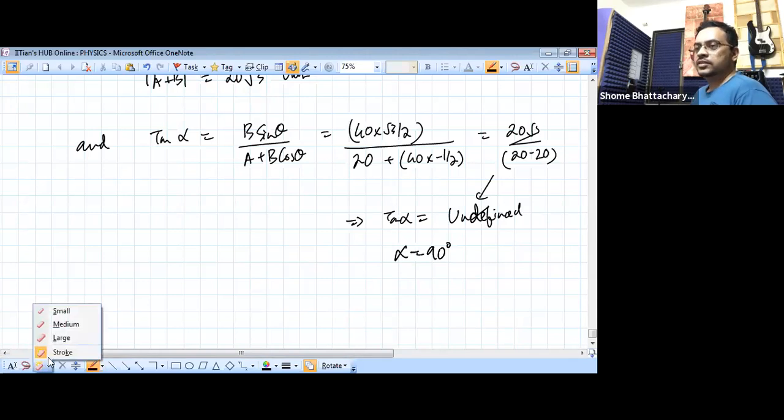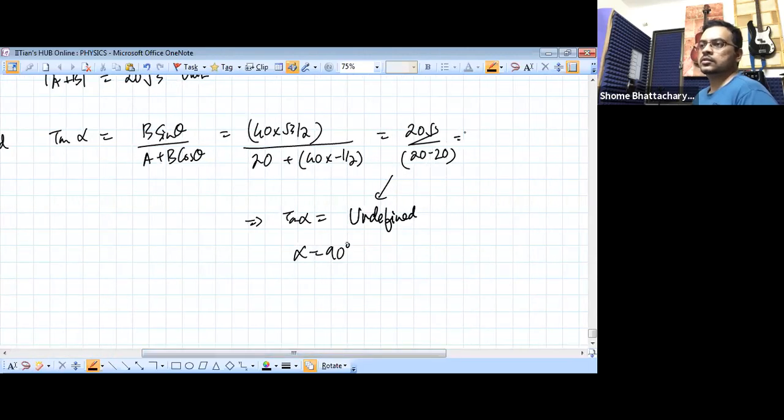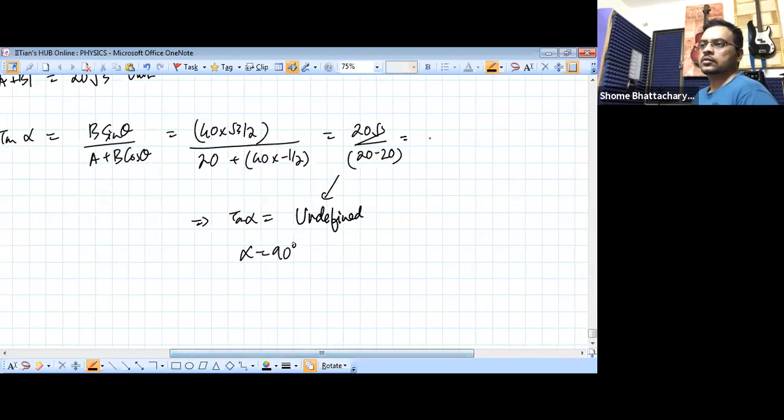So guys, my software is just getting hung up in between. Write this properly. So division by 0 है इसलिए undefined. This is (20 root 3) divided by 0.